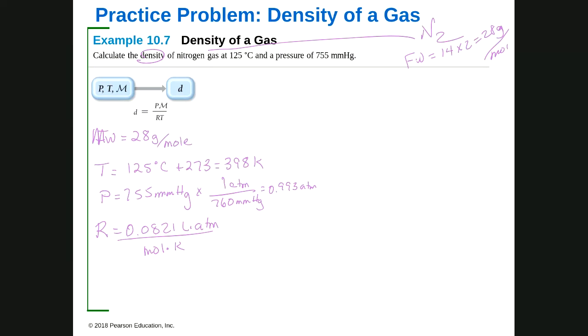So D is equal to P. Notice that M is written different from molarity, okay, because that's molar mass they're talking about, over RT.